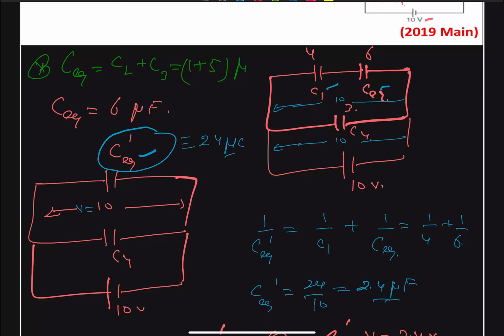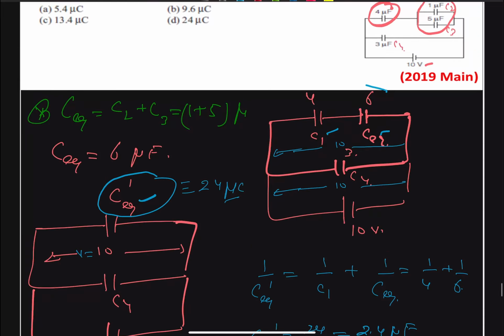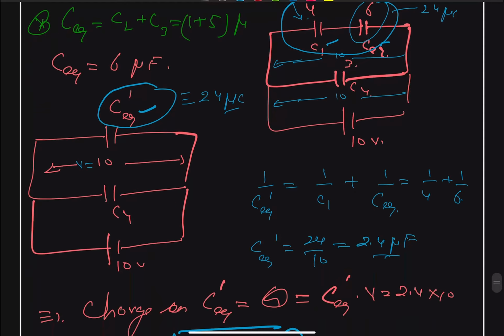And the C equivalent is a series combination of 4 as well as 6. So it means this 4 will also have 24 microcoulomb, and 6 is also going to have 24 microcoulomb, because both 6 and 4 are in series, and in series the charge is the same.